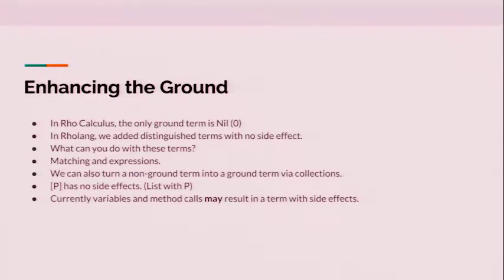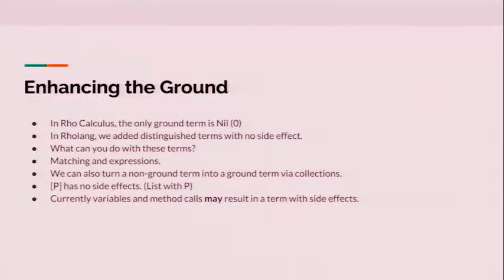And it turns out that allows you to build an infinite number of terms, but we wanted to be able to have terms that were side effect free, that acted like nil when you put them in parallel, but you could do things like equality comparison or arithmetic with them and get different results. So the main things you can do with these terms are matching and other expressions, basically computation on them.